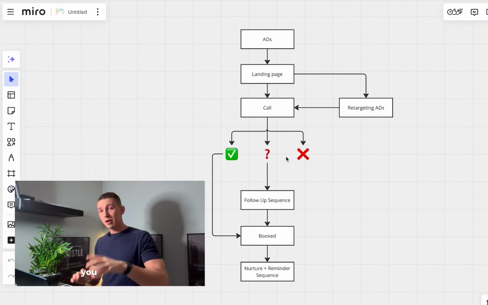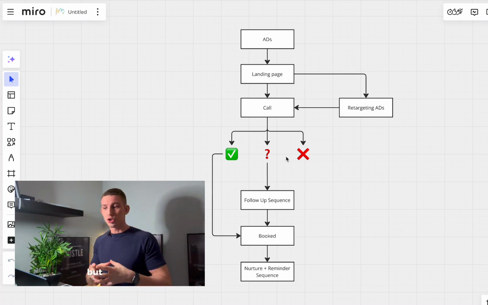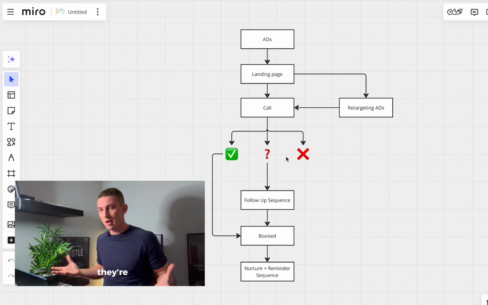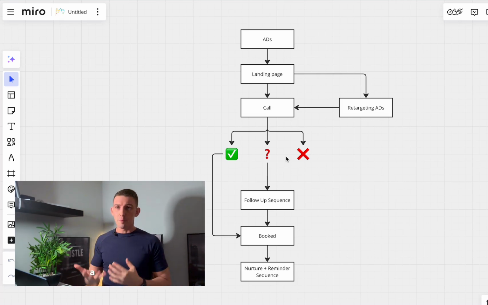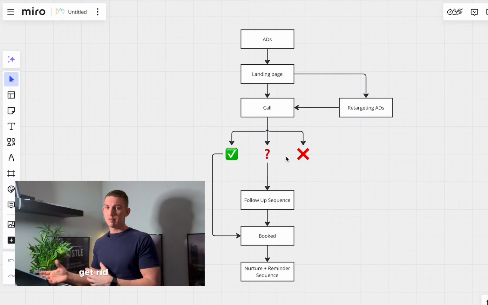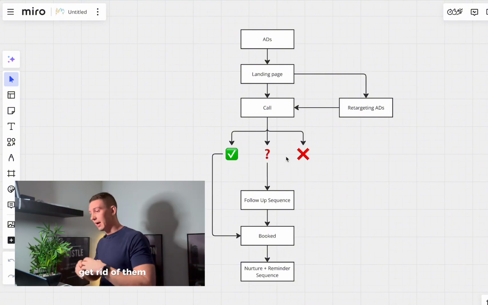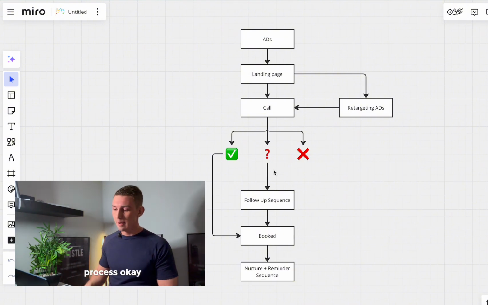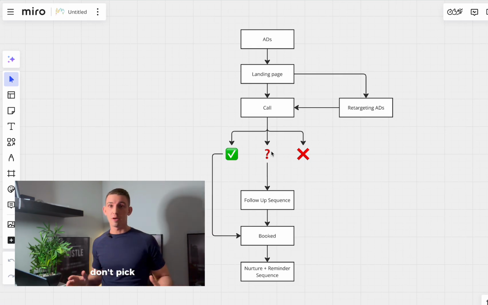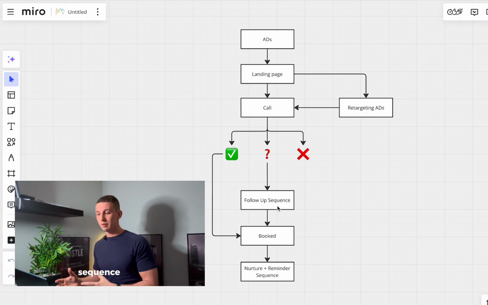Also, you are going to get people who do pick up but are just not a good fit. They're just unqualified leads, which is not a problem, so to speak, but we can just get rid of them out of the sales process. Okay, and then you're going to have people who just don't pick up at all, and that's where we can then put them into a follow-up sequence.